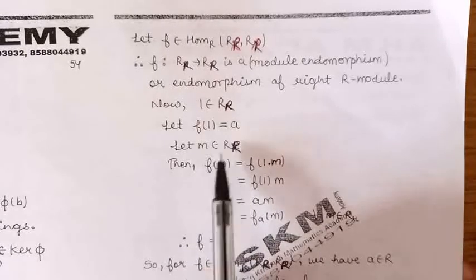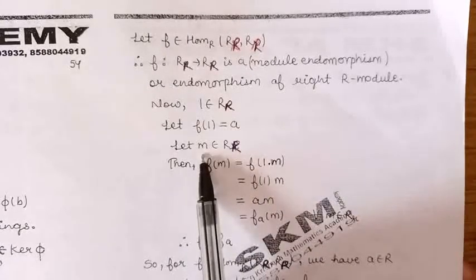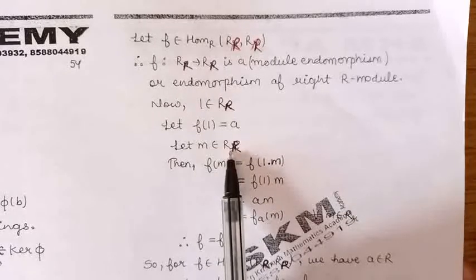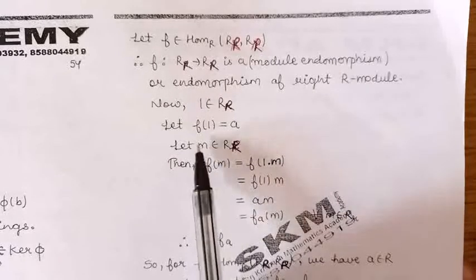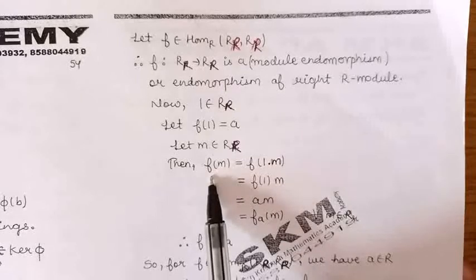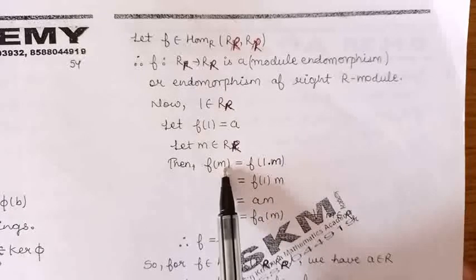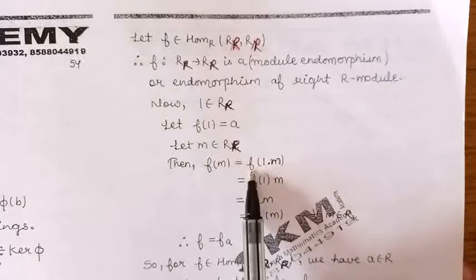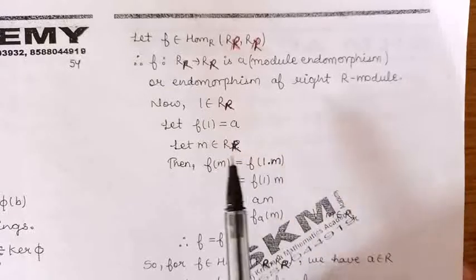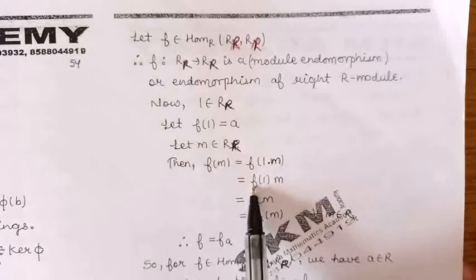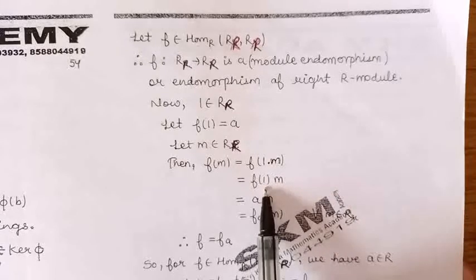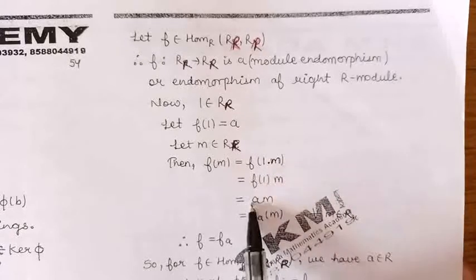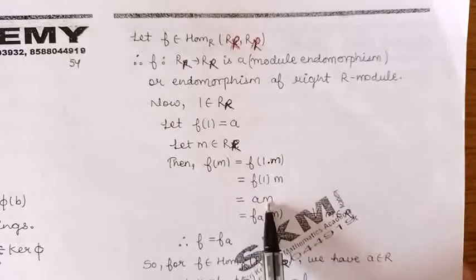And let us take m to be an arbitrary element belonging to R. Let us find the image of m under the mapping f. Now m can be written as unity times m, and because f is a module endomorphism, by definition this can be written as m times f of unity element, and this we have denoted by a. So this will be a times m.